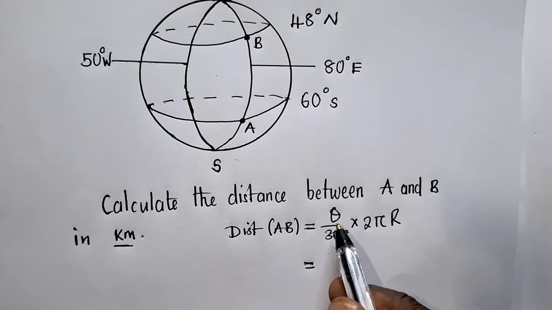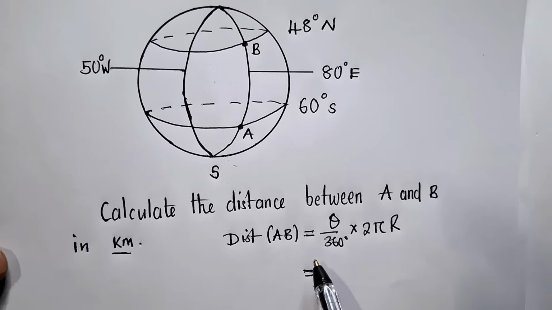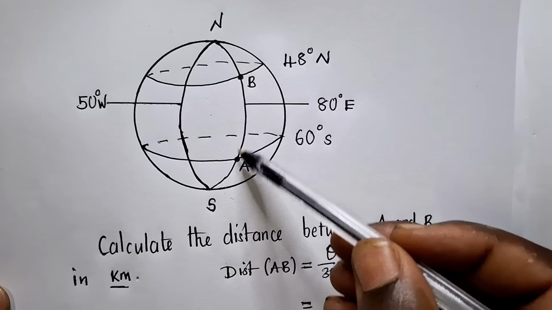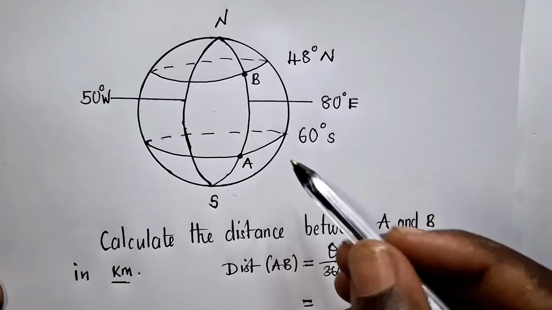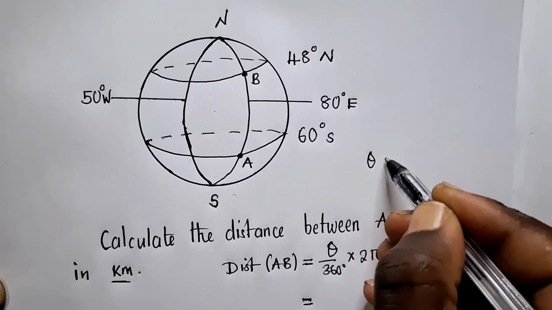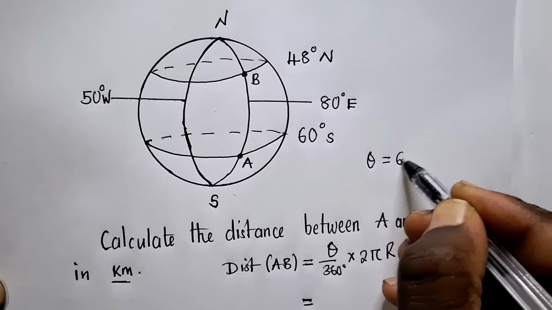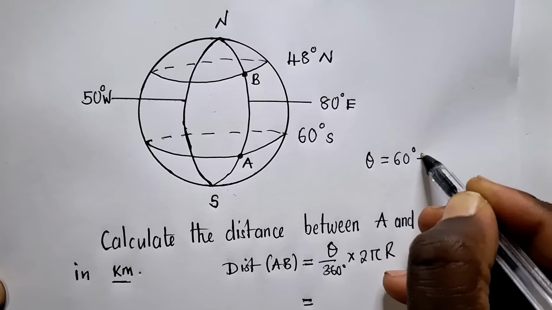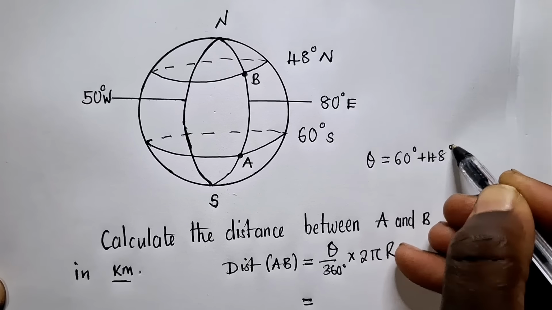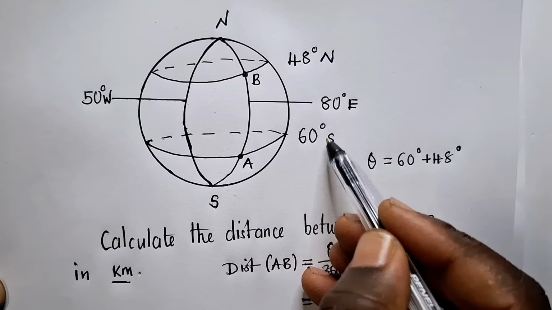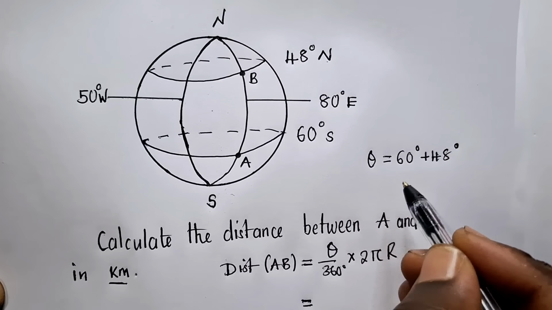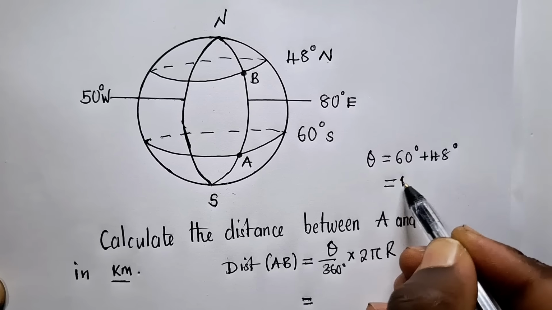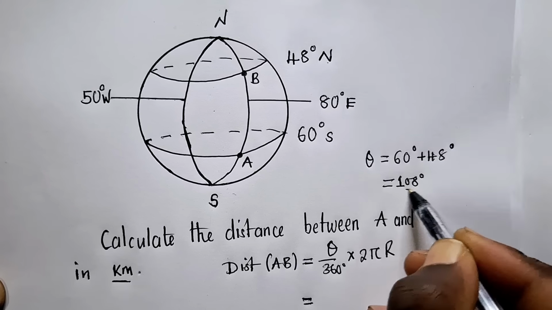Theta is the difference. So now we're going to find the difference between A and B. So what is the difference here? We shall say theta is equal to 60 degrees plus 48 degrees, because this is south, this is north. And when we do that, this is going to give us 108 degrees.